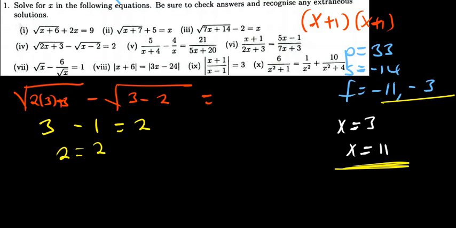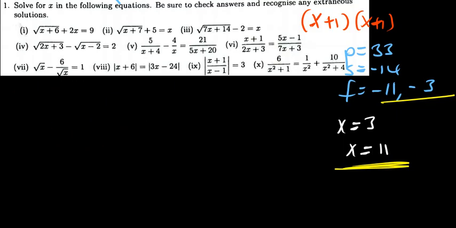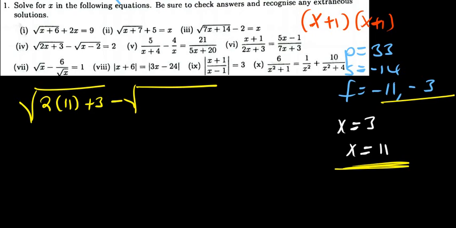From there, we try again 11. The square root of 2 times 11 plus 3, minus the square root of x, which is 11 minus 2. Is it going to give us 2? Let's see.